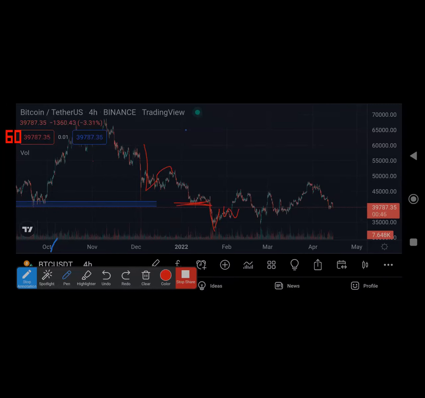For example, if a coin is at a support and fraud came in, definitely that support will break. But if it's on a support and a very impressive news came about the coin, definitely it will not break. It has to bounce off. So it depends on the FA surrounding that particular coin.